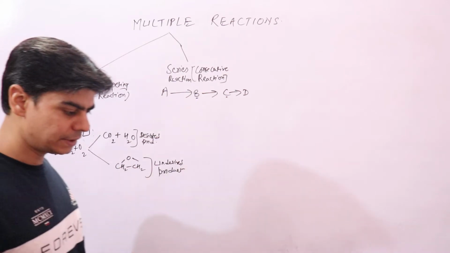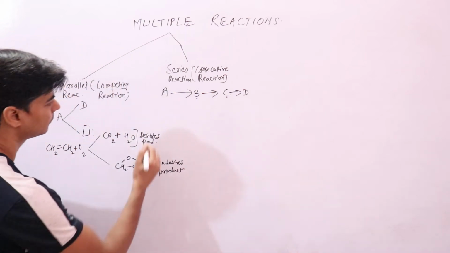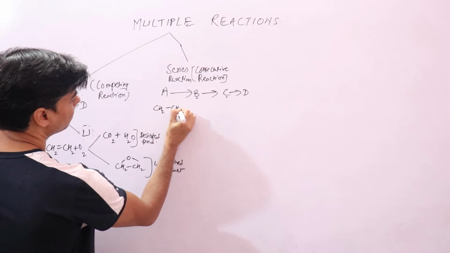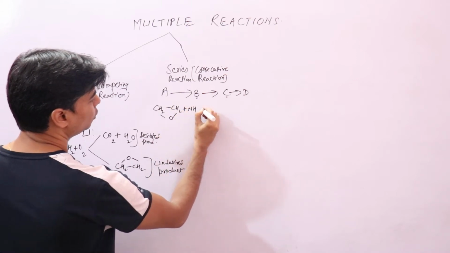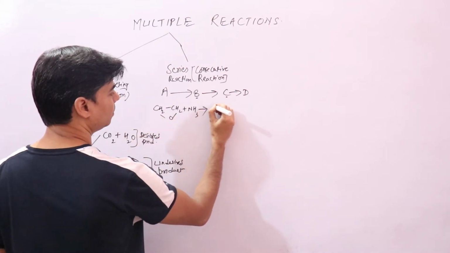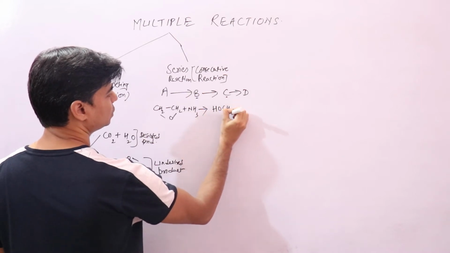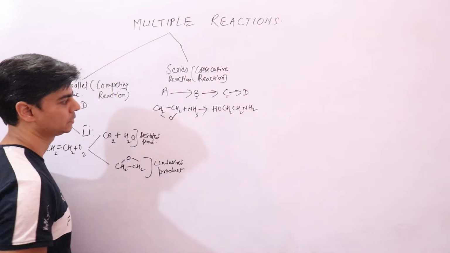There is an industrial reaction of ammonia with ethylene oxide, right? This is your ethylene oxide, and the reaction of ammonia with it. Now look, it will form HO, CH2, CH2, NH2, right?